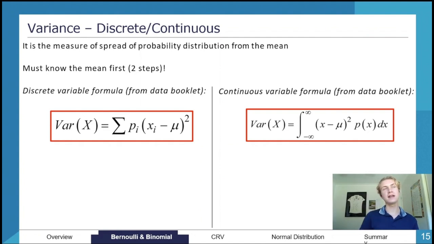Just go, oh, that new symbol, that little nu symbol, that means mean. So what am I going to do? I'm just going to find the mean first using the formula in the data booklet. Another example where clear working out is absolutely fantastic because you're going to be able to access those marks that are available to you much better. Okay, so the only difference here is that we're integrating.